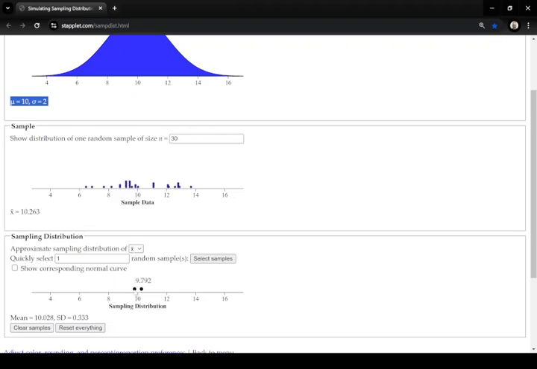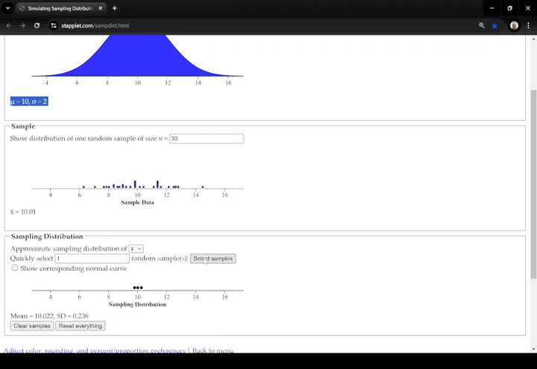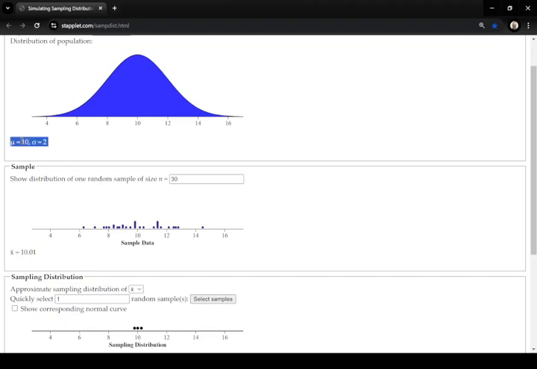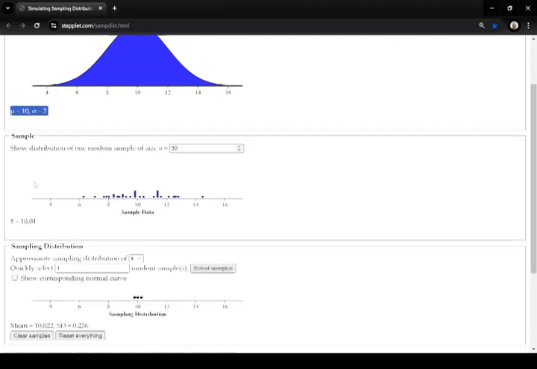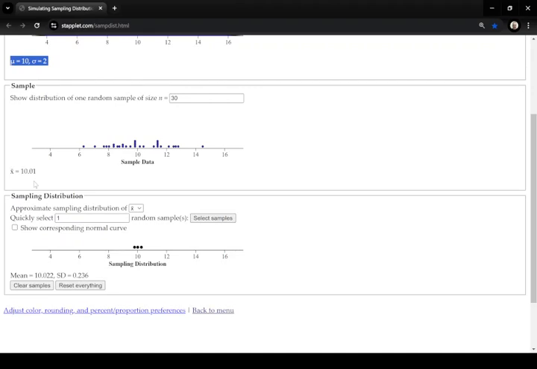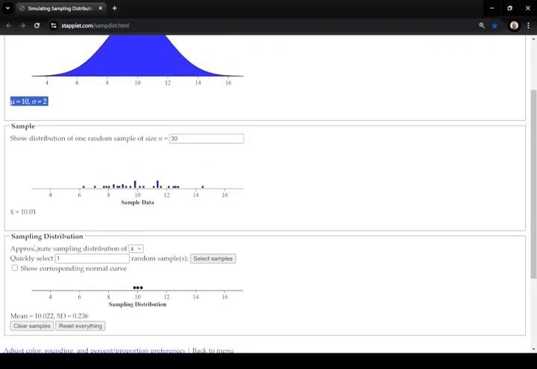I've done this twice, so I have 2 x bars. This is the actual sample, and this is the x bar. So x bar is a random variable too. Let's try it one more time. There's my new sample, and my sample mean was really close to the real mean that time. So that was really good.